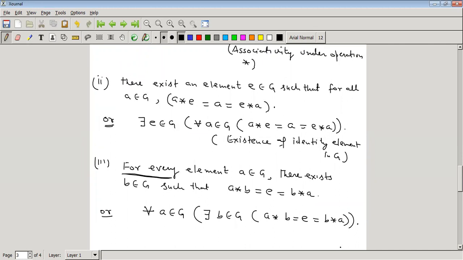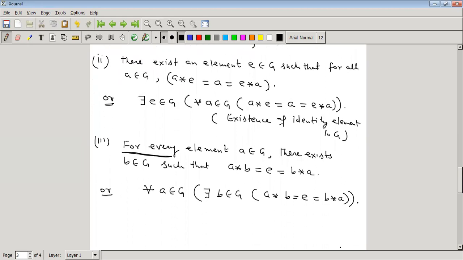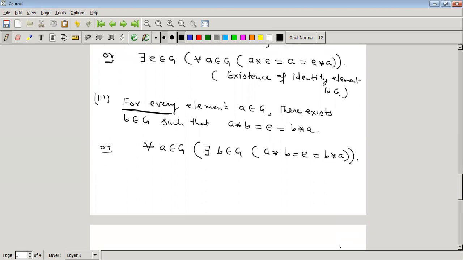First one is associativity, second is existence of identity element, third is existence of inverse.